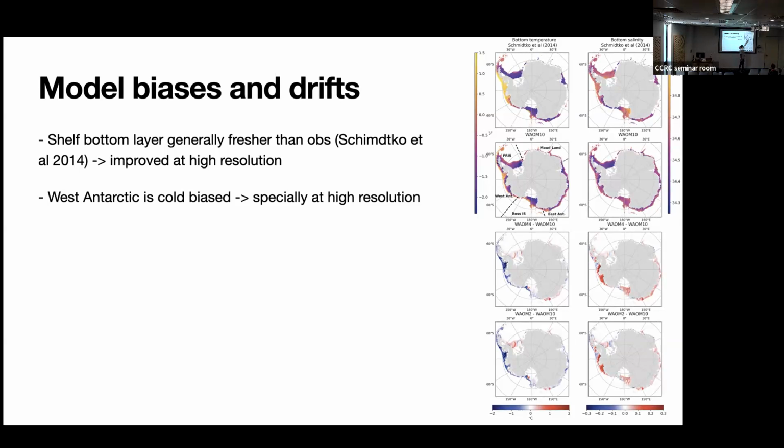It's less salty than the observations, but that actually improves when you go to the high resolution model. But also, in West Antarctica the model usually has cold biases in that region, and that is actually much worse at high resolution. You have very little CDW onto the shelf in West Antarctica. That's a bias you have to be aware of when you are interpreting your results.